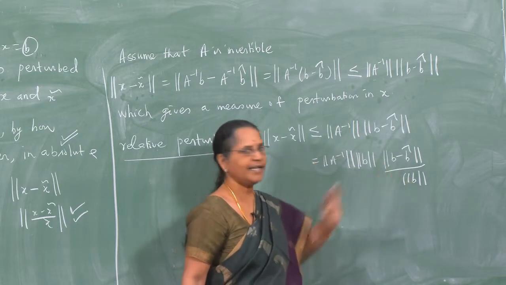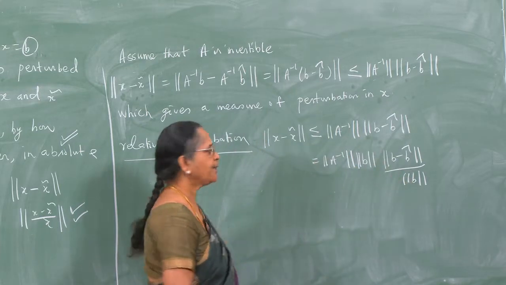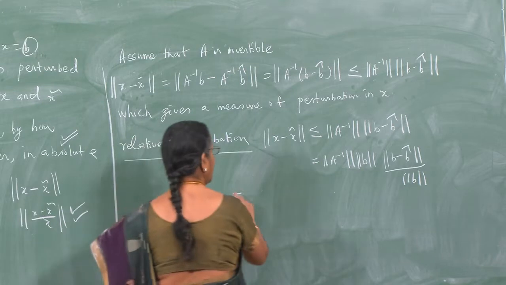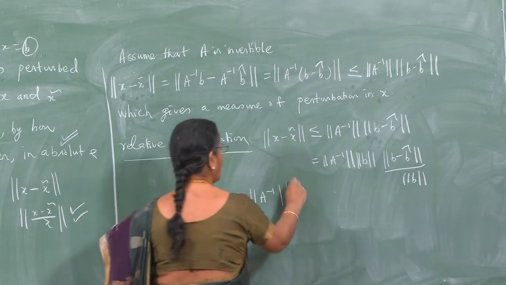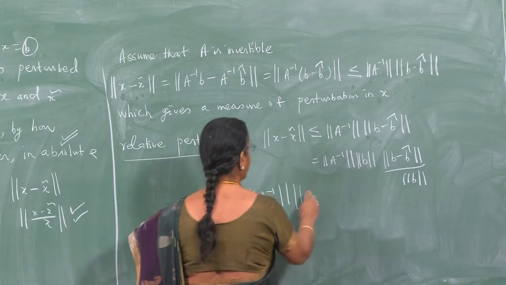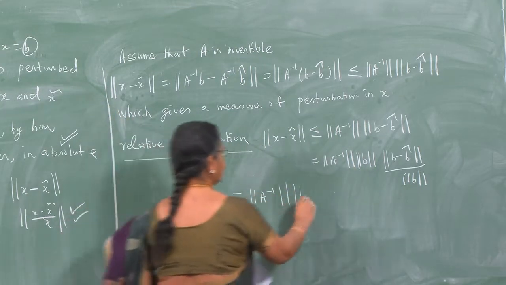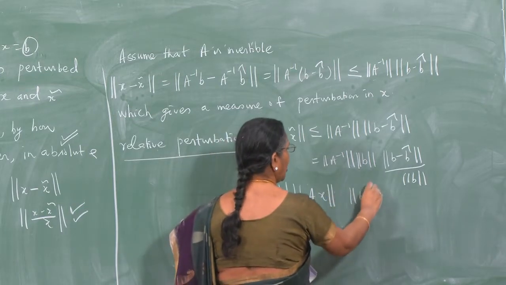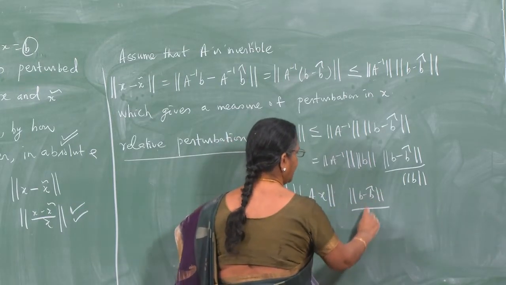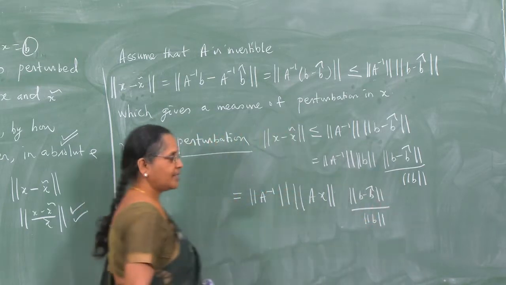I have multiplied and divided by the same quantity. So, this will be equal to norm A inverse. But what do I know about norm B? Ax is B. So, norm B is norm Ax. So, into norm B minus B cap by norm B.